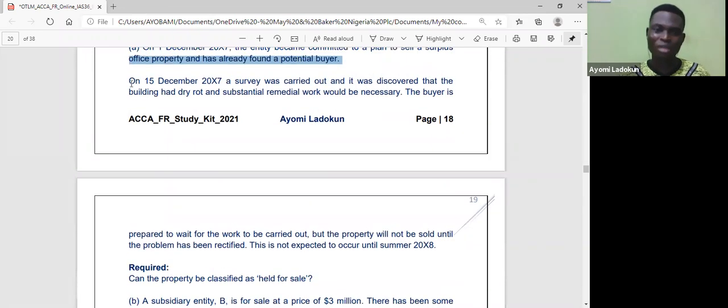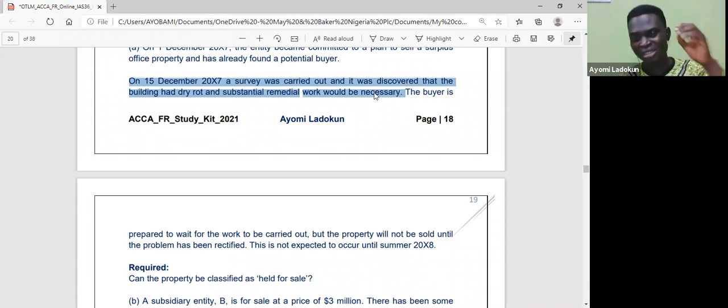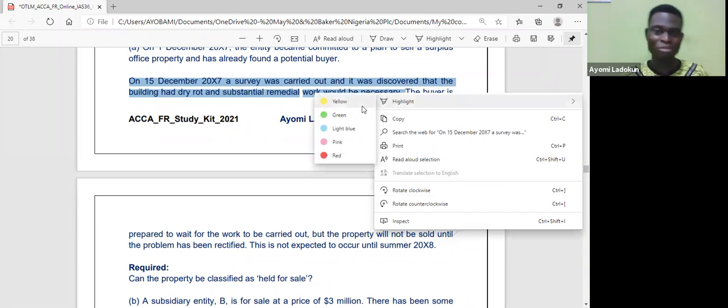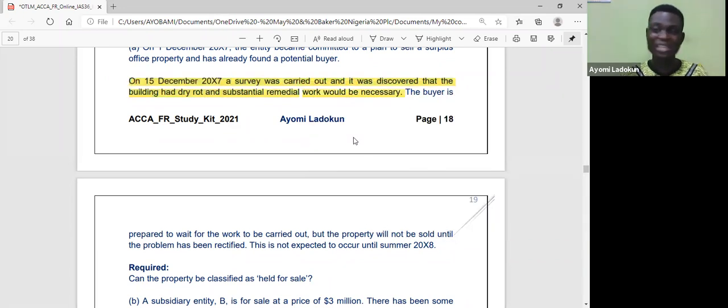On 15 December 2007, a survey was carried out and it was discovered that the building had dry rot and substantial remedial work is necessary. What is this telling me? The asset is not available for immediate sale in its present condition because of the dry rot. The buyer is prepared to wait.